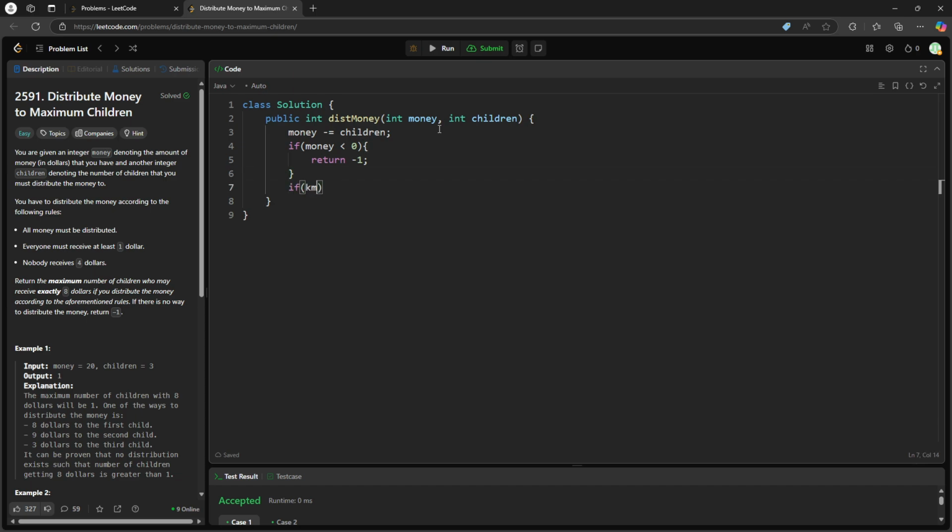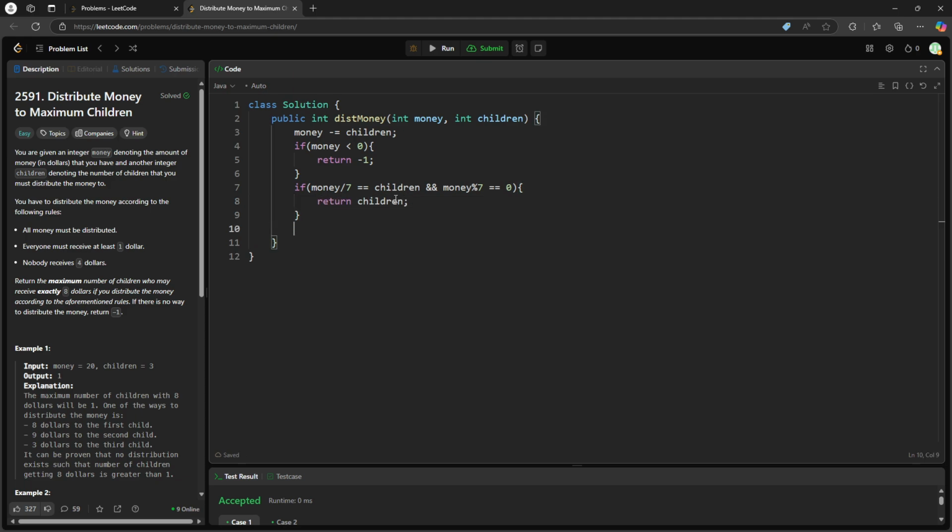Else, if the money divided by 7 is equal to the children, and also money modulo 7 is equal to 0, which means you distribute the money equally to everyone, so return children. And then if the money divided by 7 is equal to the children minus 1, and money modulo 7 is equal to 3, which will validate this one, you want to take another child away to distribute the money, so it's going to be children minus 2.